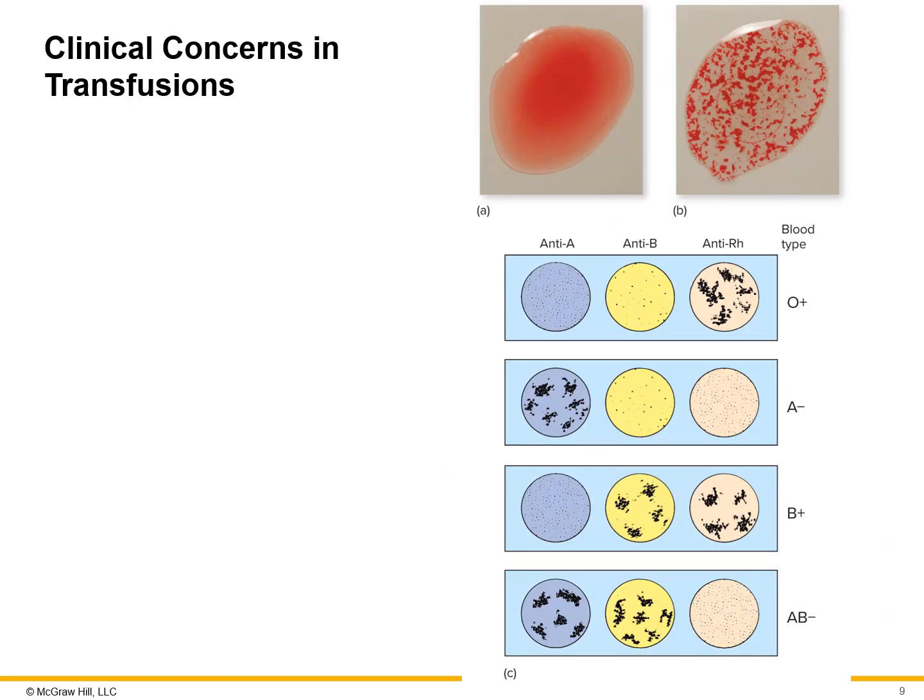Again, where this becomes important is with blood transfusions. So we have a universal recipient and a universal donor, right? And that universal donor is going to be O, because they don't have any antigens on there. Okay, so if you give somebody who is type A blood, if you give them O, there are no antigens on those O cells.